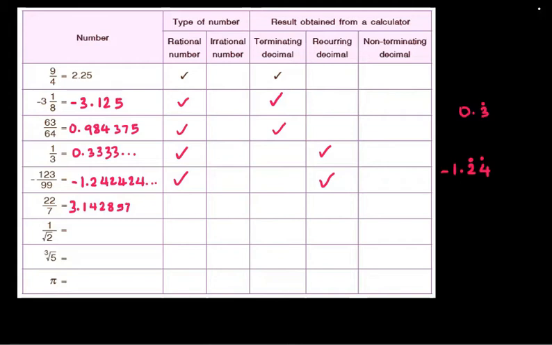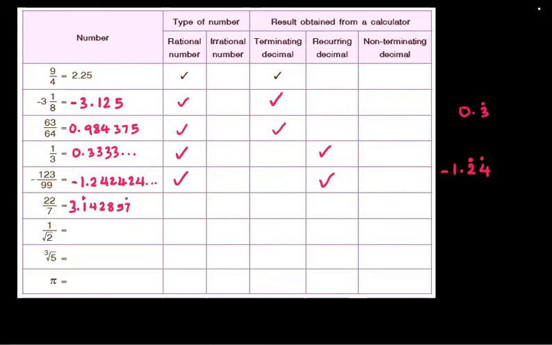Again, 142857. So you can see that these digits are continuing to repeat. 142857, 142857, 142857. It continues repeating endlessly.